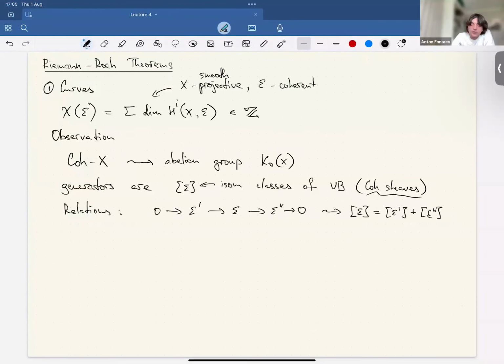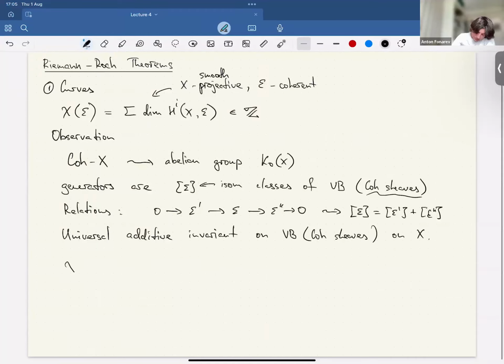This is a group which defines the universal additive invariant on vector bundles or coherent sheaves on X. So for instance, you immediately see that this map chi, technically we defined it for all coherent sheaves, but it naturally extends to a map from K naught of X into Z.